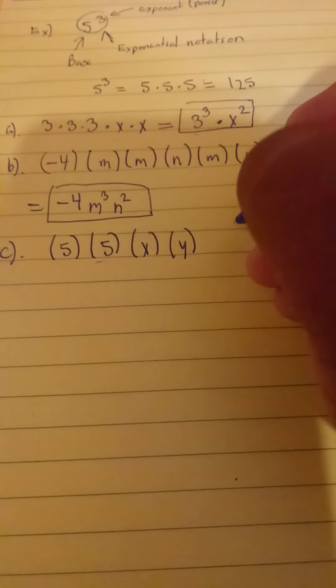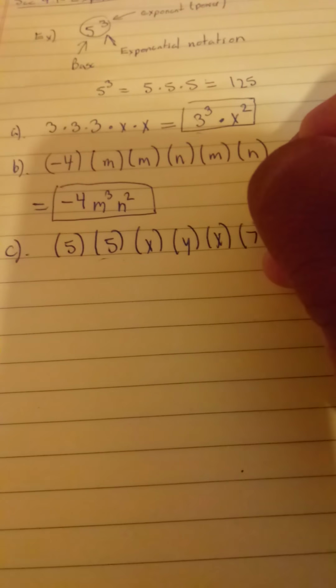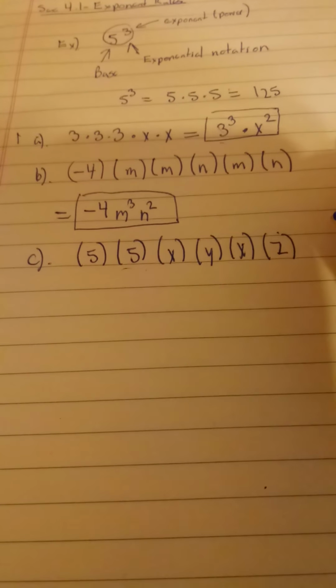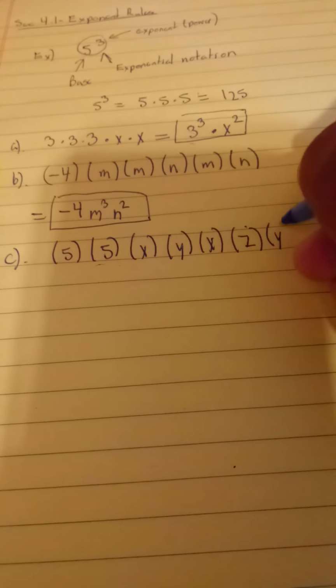For example, take a look at letter C. So letter C here, we have 5, 5, and then we have x, and then y, and then x, then z, and then y, and another z.